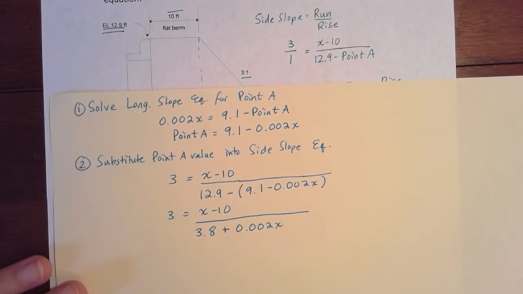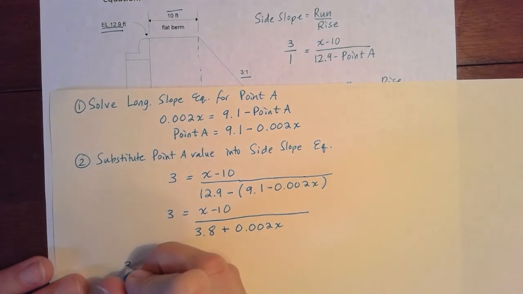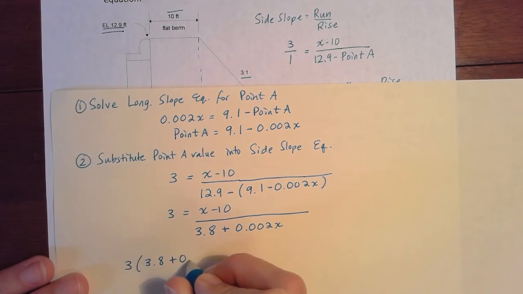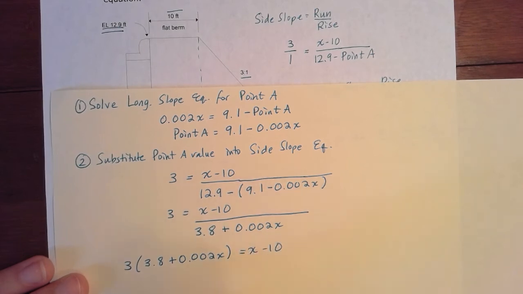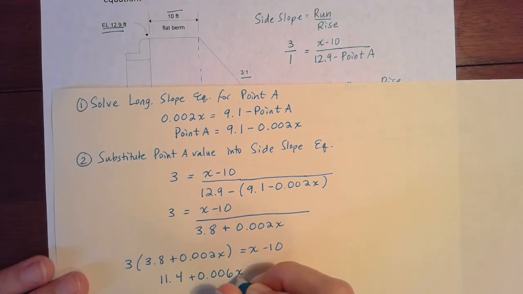Okay, now I will do my cross multiplication. So I'll do my 3 times this 3.8 plus 0.002x. Again, have to distribute that as well, equals x minus 10. So 3 times 3.8 gives me 11.4. And 3 times 0.002 gives me plus 0.006x, and that's equal to x minus 10.